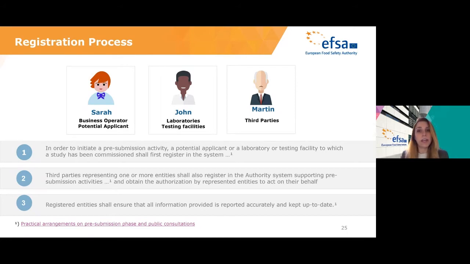In order to initiate any pre-submission activity, a potential applicant, business operator, a laboratory or testing facility have to register in Connect EFSA. If we have third parties that represent one or more entities, they should also register in Connect EFSA. So basically, all the players, all the important actors that are around the submission of a dossier have to register and to have an account.